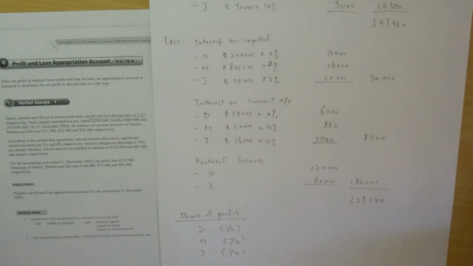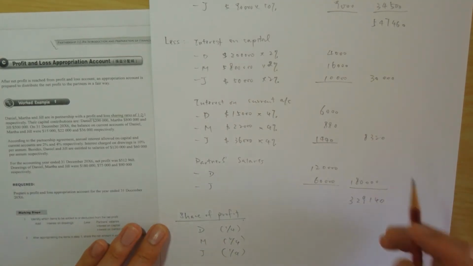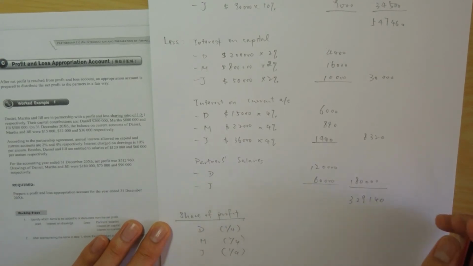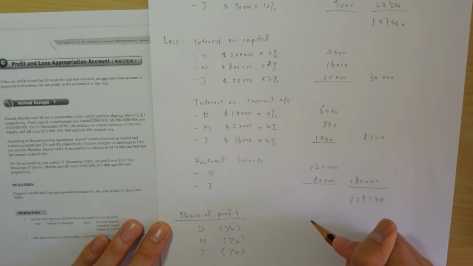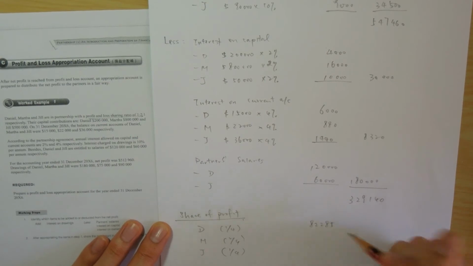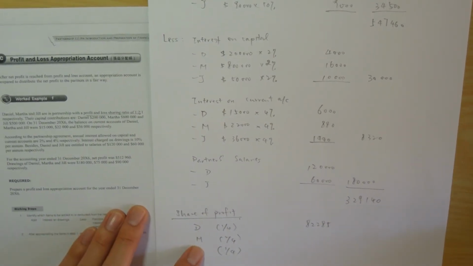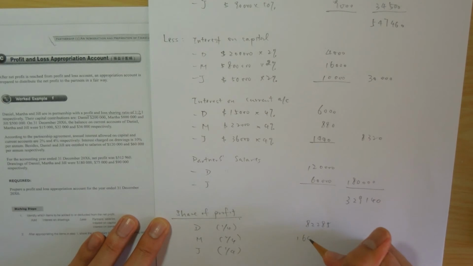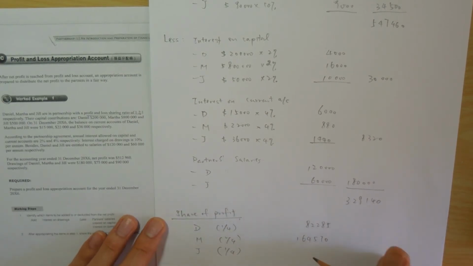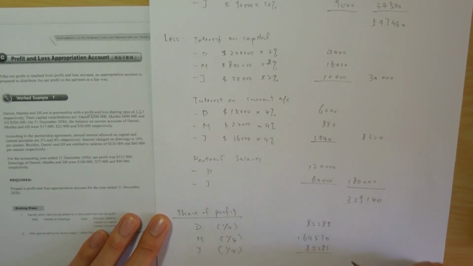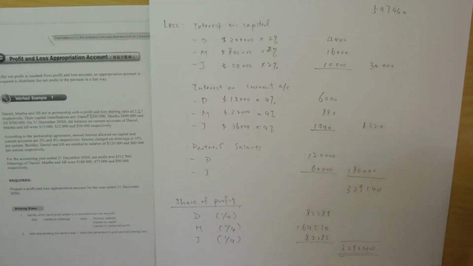So that means we divide 329,140 by 4, and for Daniel you got one proportion, that means 82,285, and then Martha got two proportions, that means 164,570. Jill is the same as Daniel. Okay, so we got the same total, 329,140. Okay, this is the share of profit.